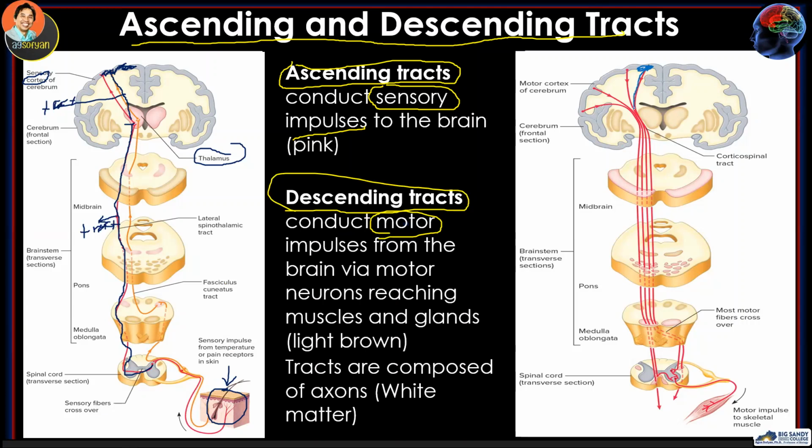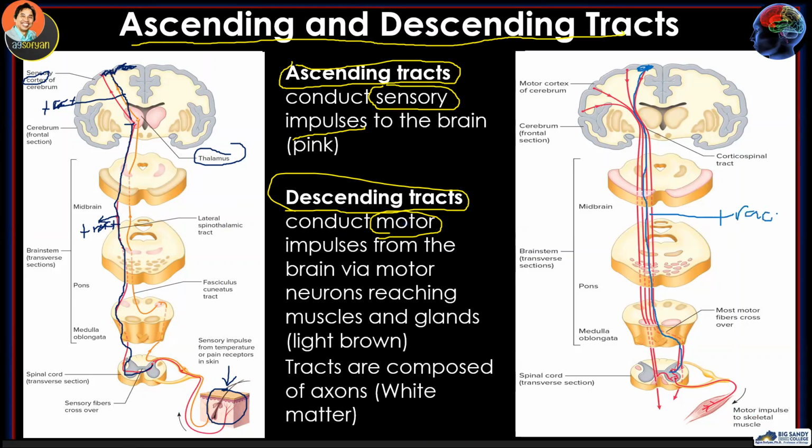brought by this interneuron, and this interneuron will go down to the spinal cord. You see, this is only one long axon over here compared to the ascending tract. So this is the descending tract over here.